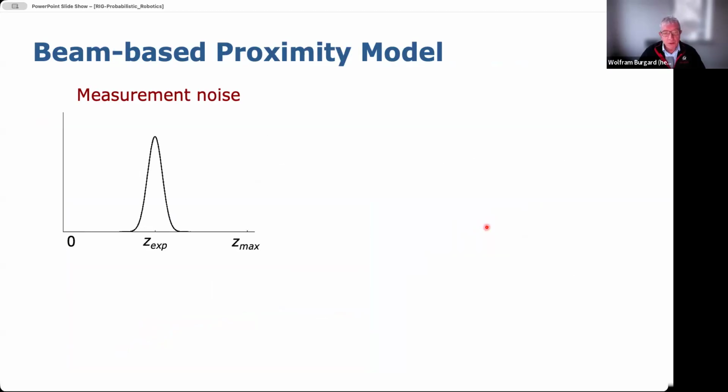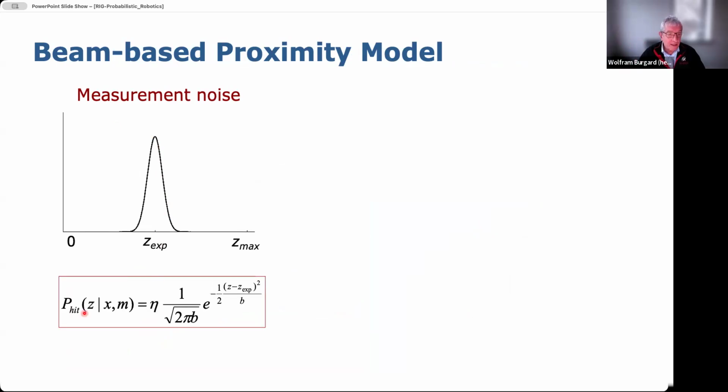And there are different types of sensor noise that we now need to deal with, right? So let's assume the sensor actually hits the object, and we actually measure that object over there. What we can do is represent this by a standard Gaussian distribution, which represents the measurement uncertainty. The second is unexpected obstacles.